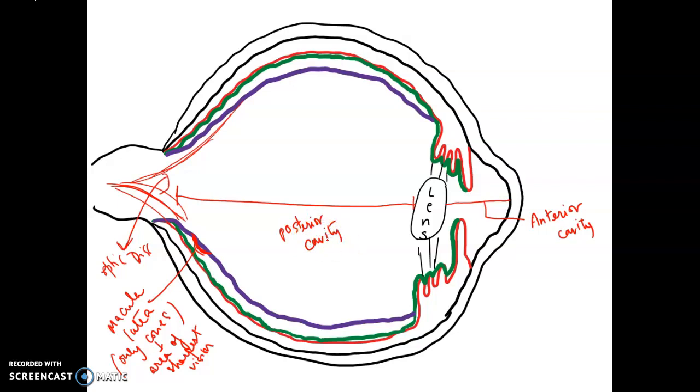The posterior cavity is filled with a jelly-like fluid called vitreous humor, which is formed during our embryonic development. The anterior cavity is filled with a very watery fluid called aqueous humor. It is actually produced by the ciliary body.